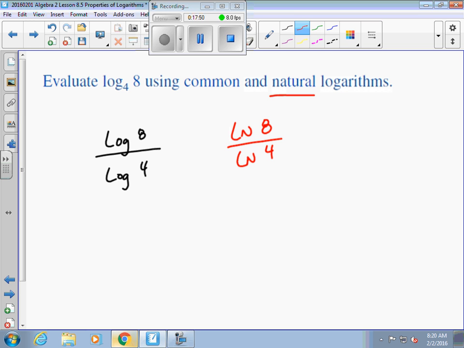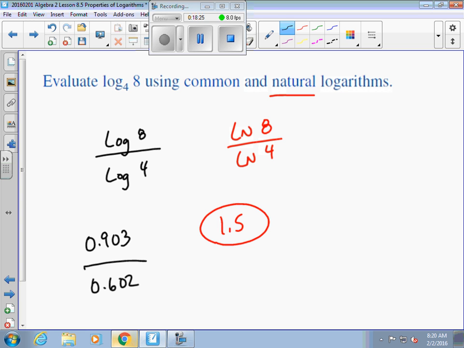Again, you're going to get two very different numbers when you do these in the middle of the problem, but at the end, you'll come up with 1.5. On your calculator, you may have to close parentheses if you didn't get 1.5. Some calculators act a little funny if you don't close the parentheses. 1.5 is what you should have. The log of 8 is approximately 0.903, and it continues, over the log of 4, which is 0.602, and it continues.